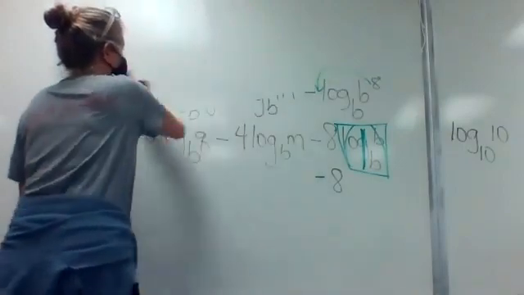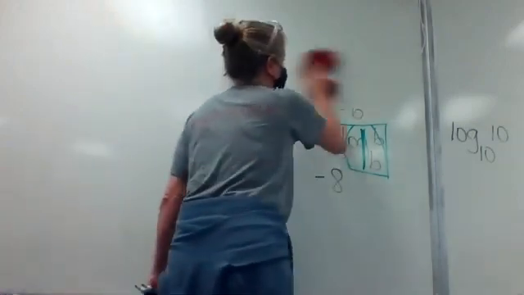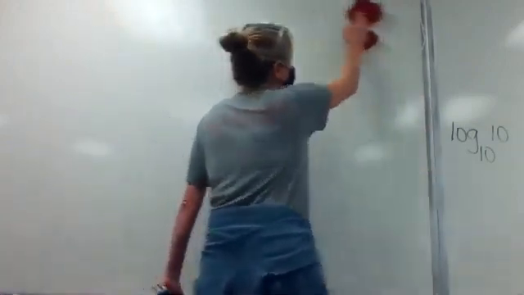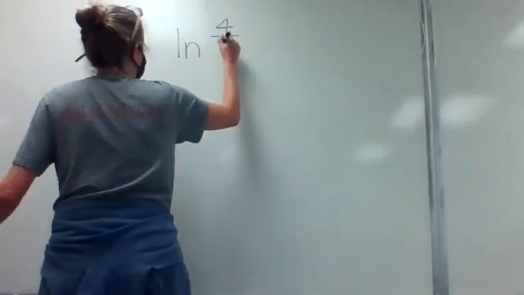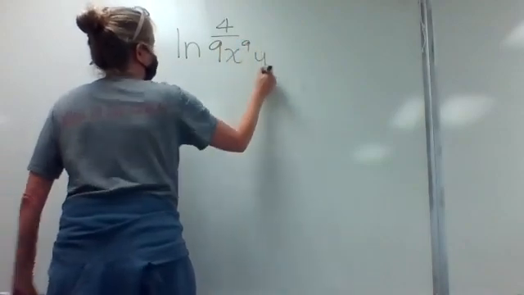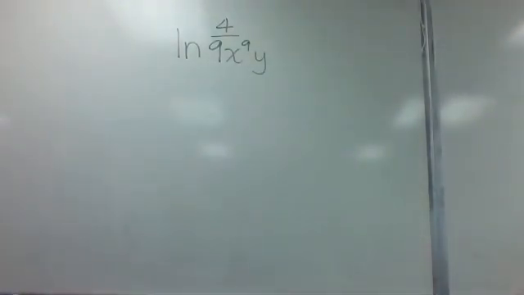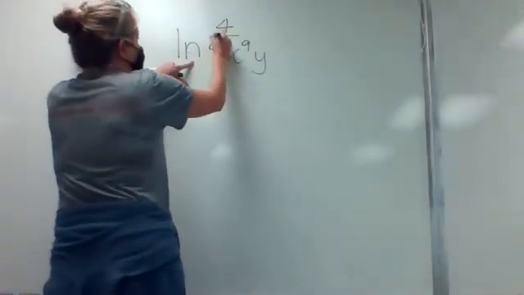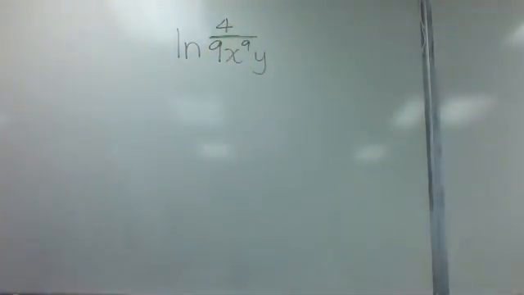Right, number 9. ln of 4 over 9x to the 9th y. So I'm going to do the same thing. Anything that is below the division line is going to be subtracted.